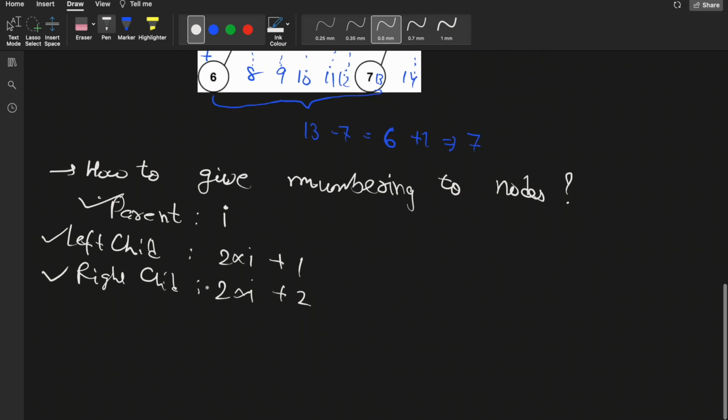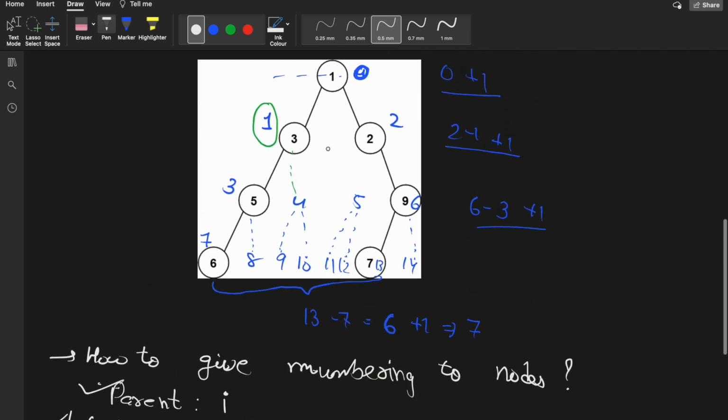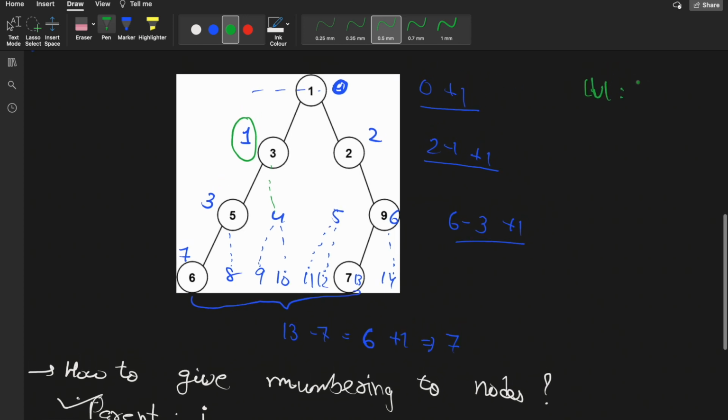Basically, talking about this formula, why 2 into I? Because a binary tree has at most two children from each parent. Also you can see that at level 0 the width is 1, level 1 the width is 2, level 2 the width is 4, level 3 the width is 8.